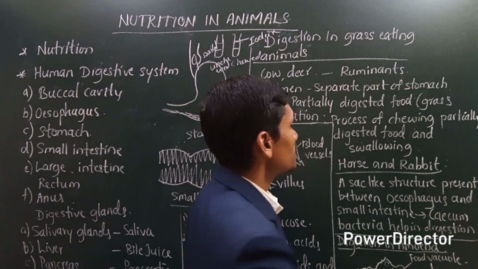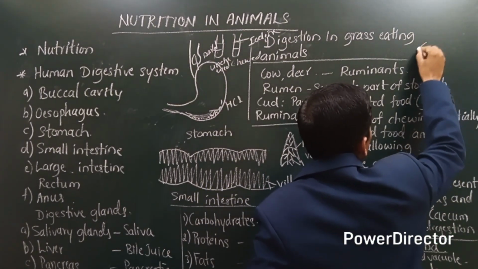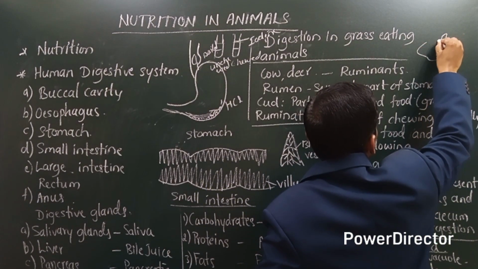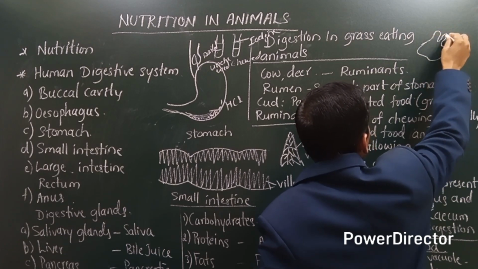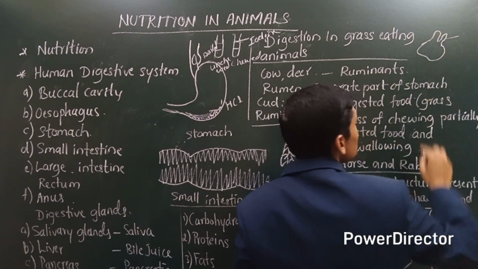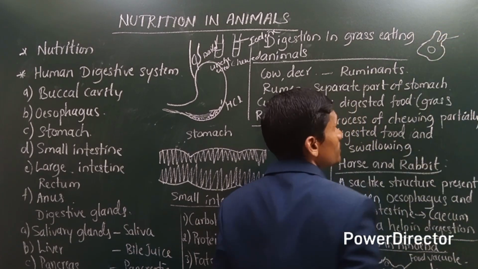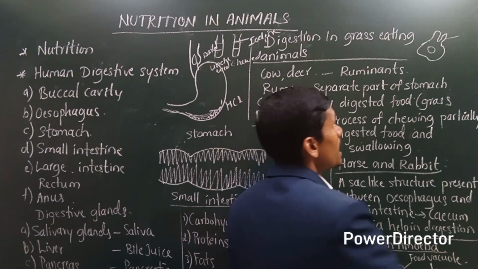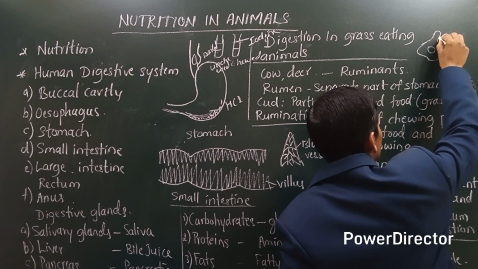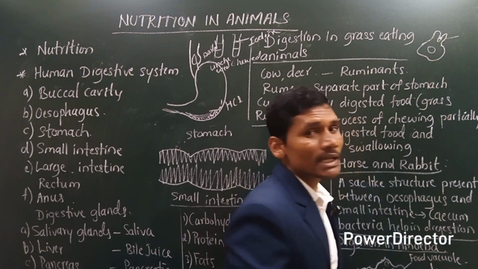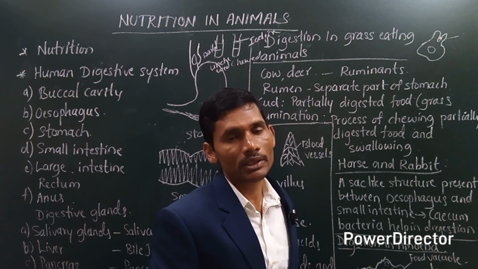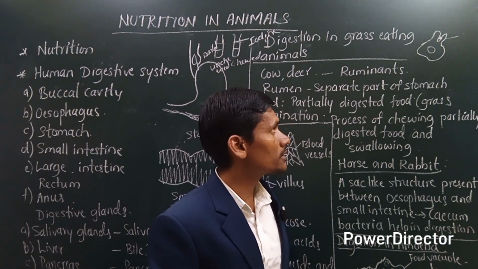Okay, just like here I'll show like this. These outward projections are called what? Pseudopodia. Okay, they are called pseudopodia. And with the help of this pseudopodia, they trap the food particle and it engulfs it inside. It takes it inside, right?